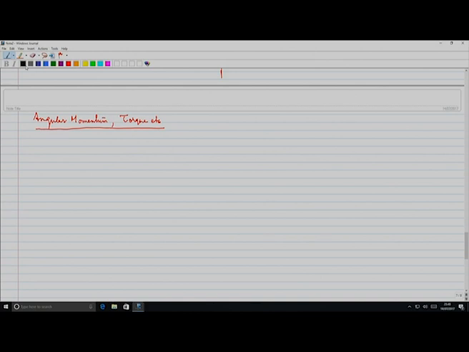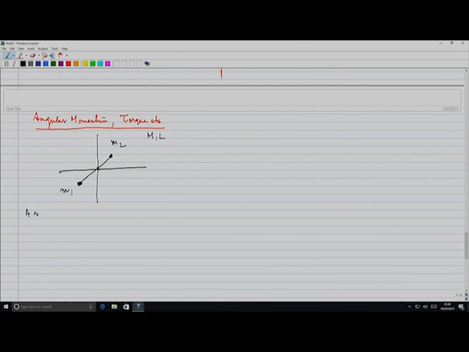A rigid rod of mass capital M and length L rotates in a vertical plane about a frictionless pivot. This is the origin. Frictionless pivot through the center.